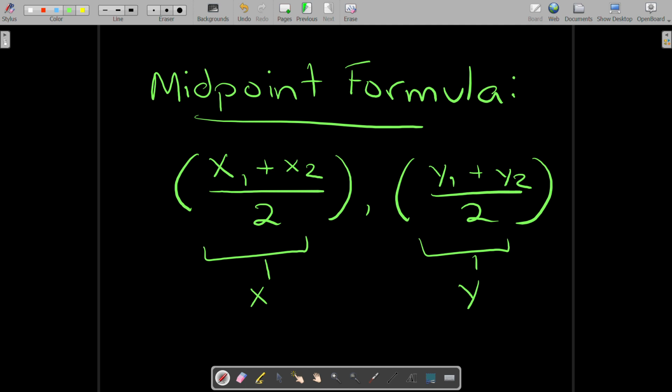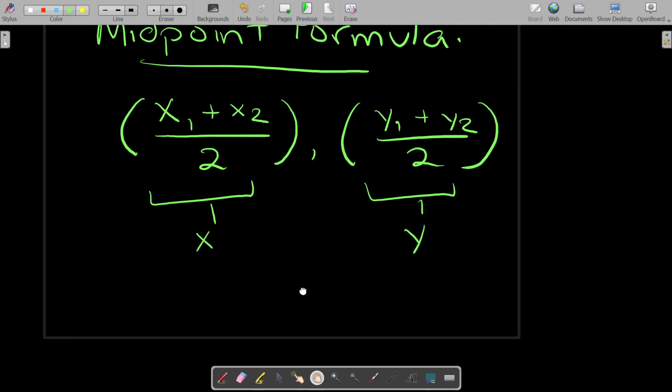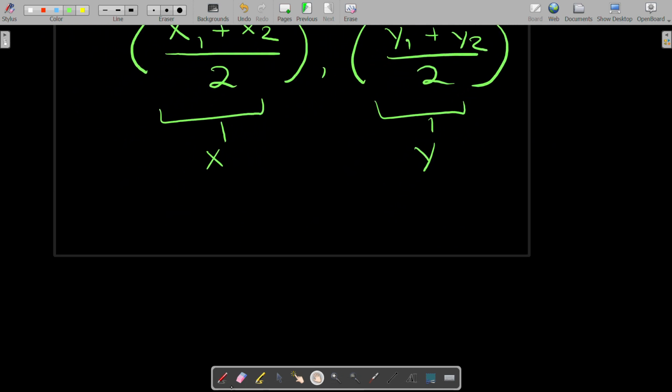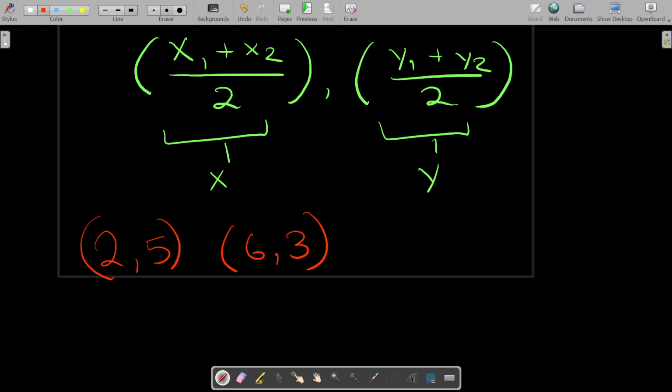Using this formula, we can try to solve some problems. Say we have the points (2, 5) and (6, 3). We need to find the midpoint between these two points.